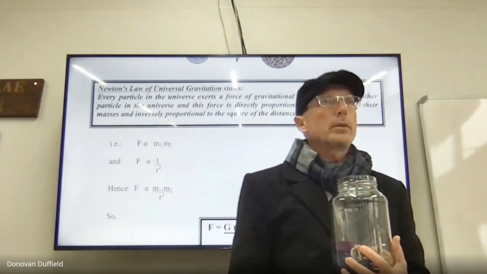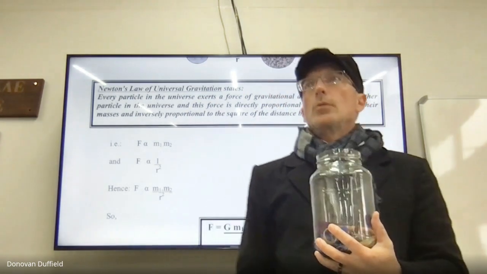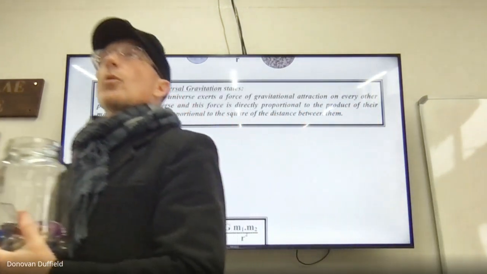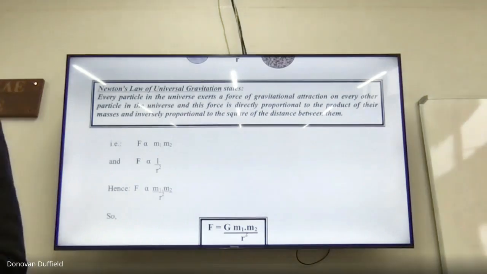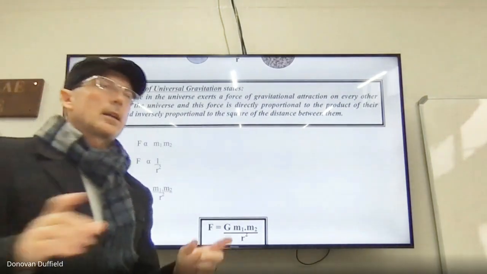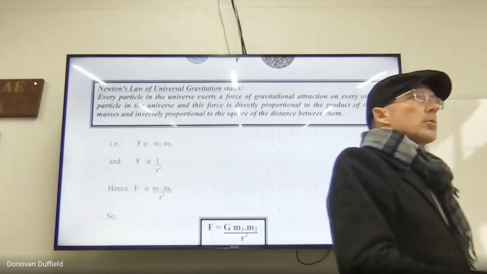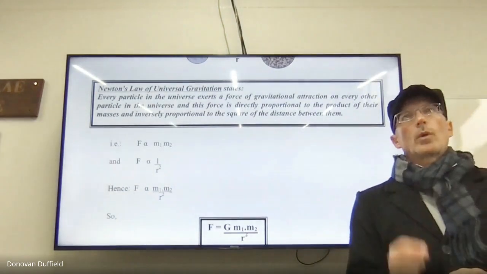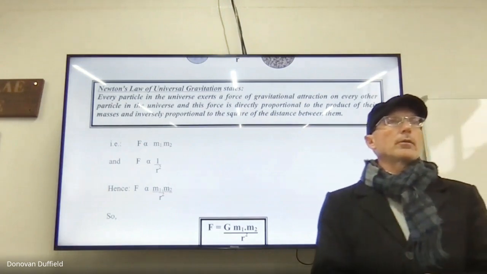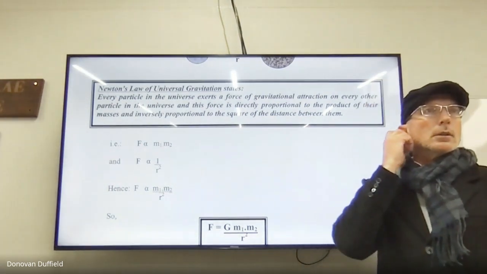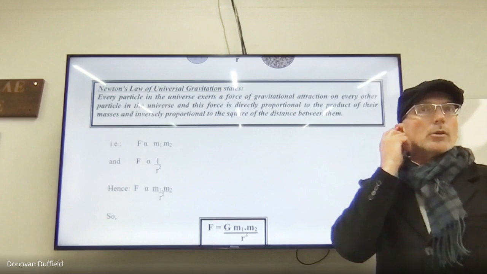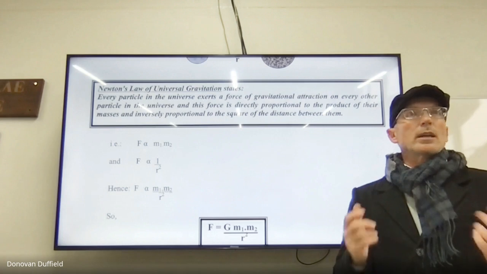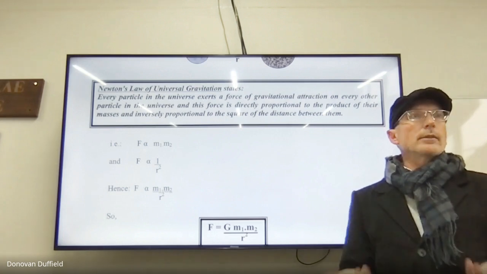We call it an orbit. The moon falls past the Earth. And what he realized is that the same laws that govern the way an apple falls on the Earth are exactly the same laws that govern the way a moon falls around the Earth. And what he realized is that everything in the universe was being attracted in the same way.